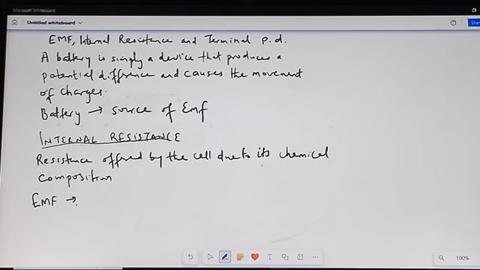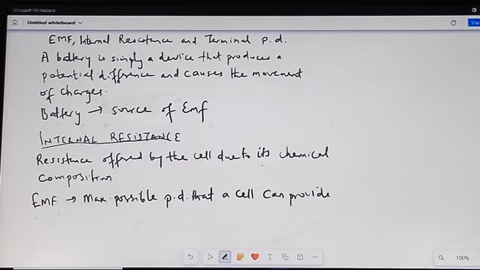Now, this EMF is actually the maximum possible potential difference that a battery, that a cell, can provide across its terminals.